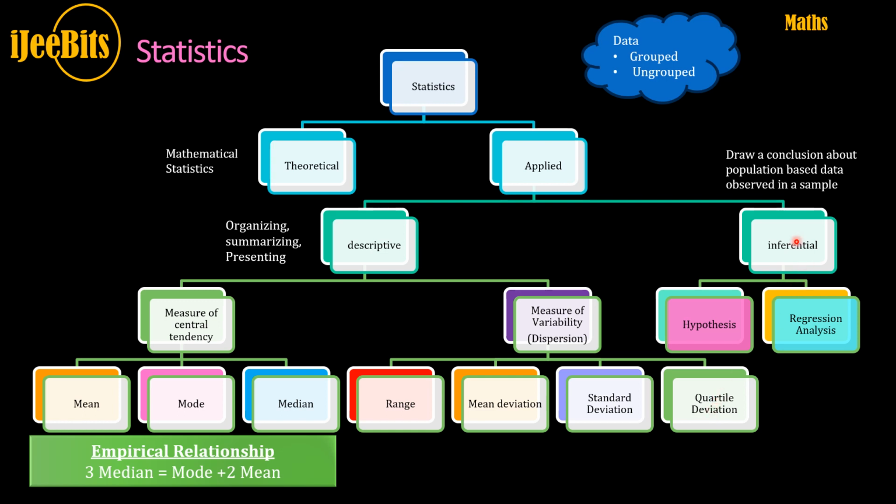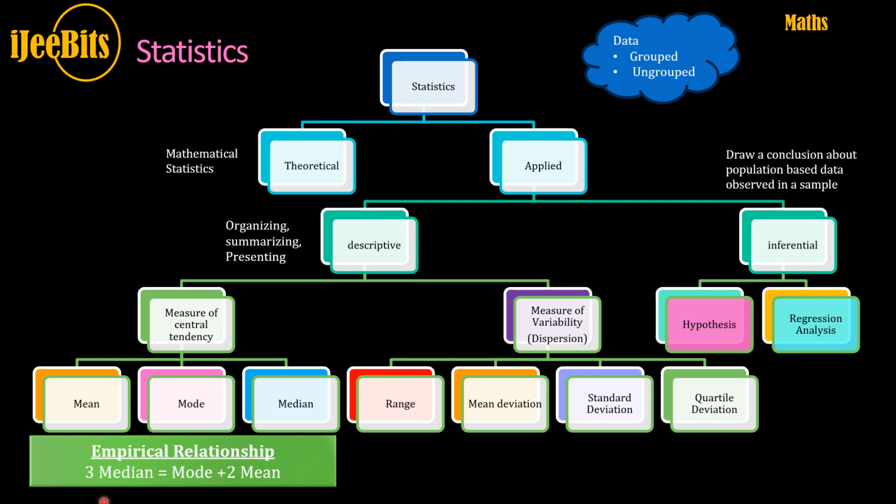Inference is a higher standard topic which we are not going to cover, but under inference we have hypothesis, regression analysis, and many more topics. We are mainly concentrating on descriptive statistics in today's base class.